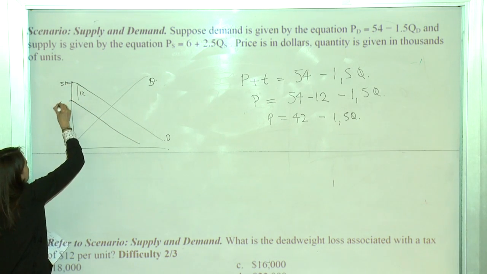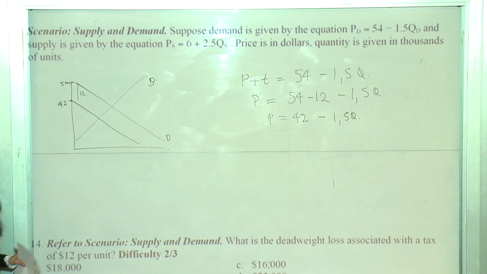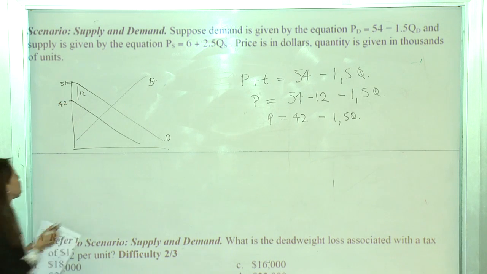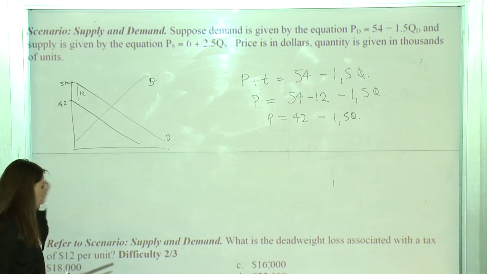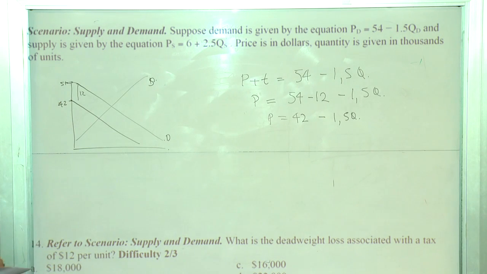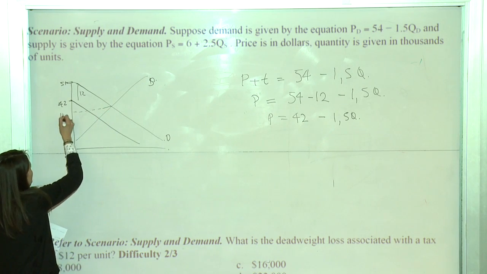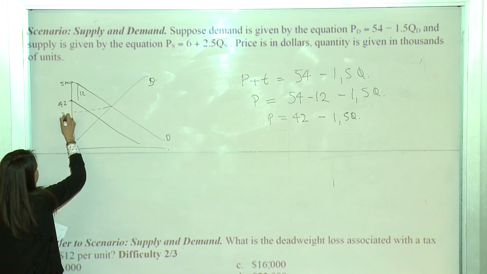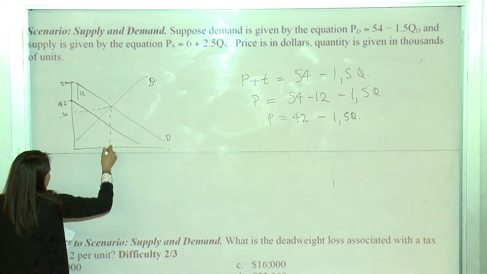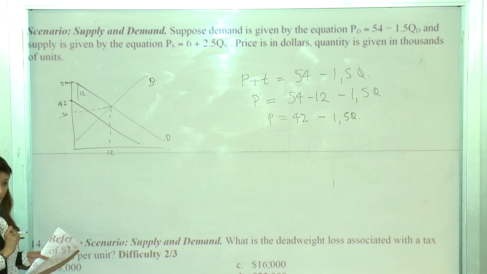Okay, now here my intercept is 42. Is that clear? Okay, good. So now what is it that I need to know? The deadweight loss. So what is the deadweight loss? This one was my equilibrium price before, 36. This one was my equilibrium quantity, 12, right?